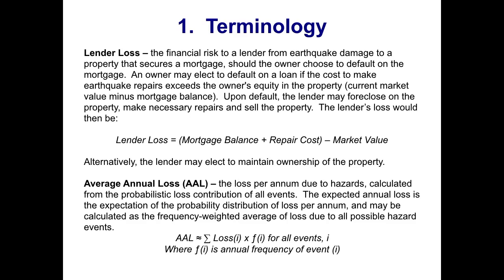And equity is found typically as current market value minus the mortgage balance. So upon default, the lender may choose to foreclose on the property, and then they would need to make the necessary repairs and sell the property to try to recover their mortgage balance.